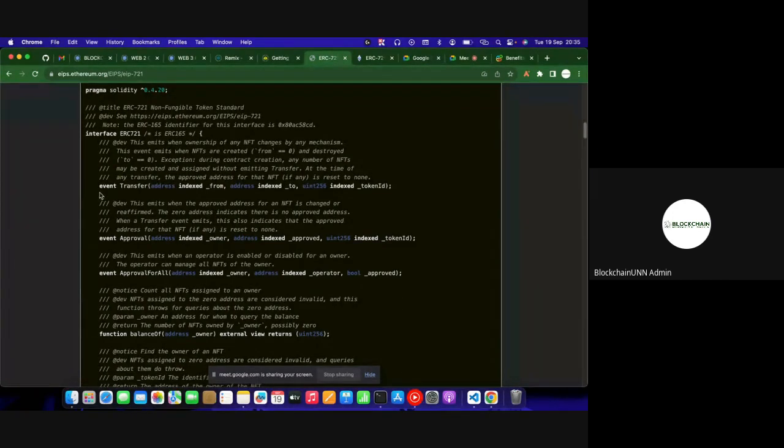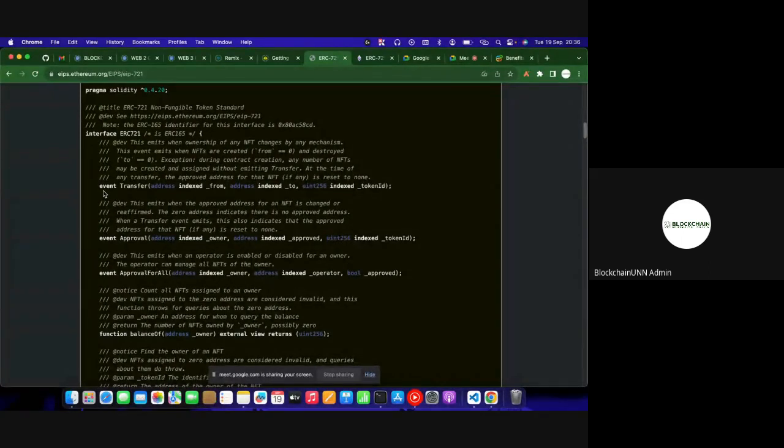The first thing you would need to take note of when building your own NFT contract, because the reason this EIP exists is to ensure consistency in interface within the ecosystem. For you to build what you would call an NFT or an ERC 721 on Ethereum, you need to subscribe to this interface, right? You need to have most of these functions contained here.